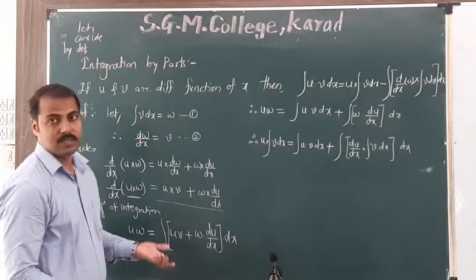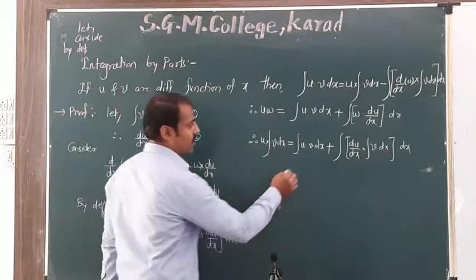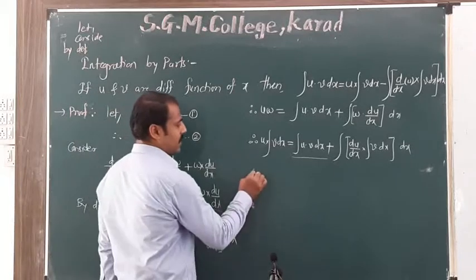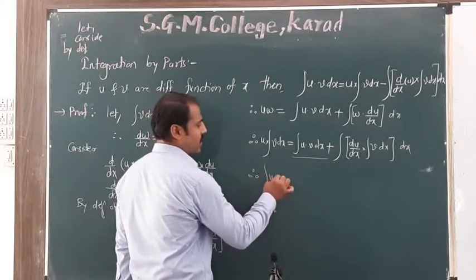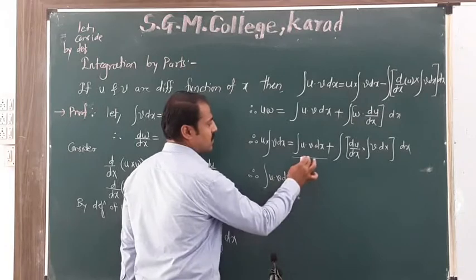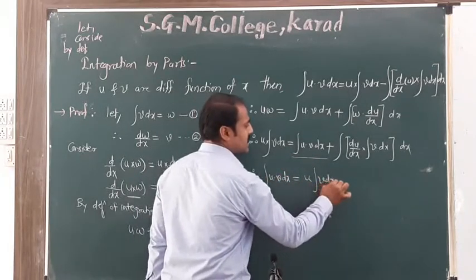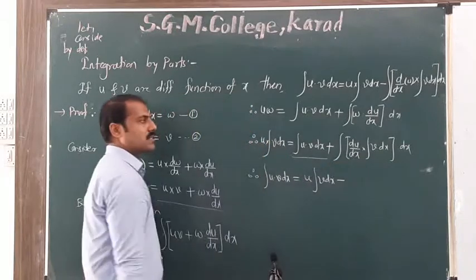Now just simplifying for integration of u into v dx. Therefore integration of u into v dx is equal to u into integration of v dx as it is, and take that term on LHS.